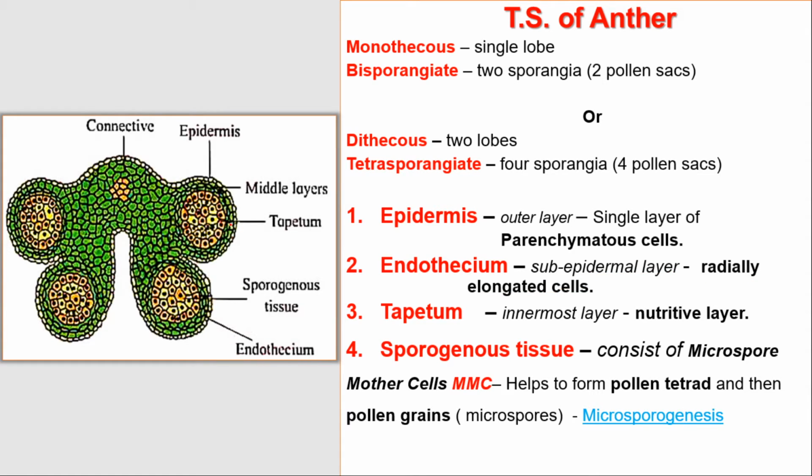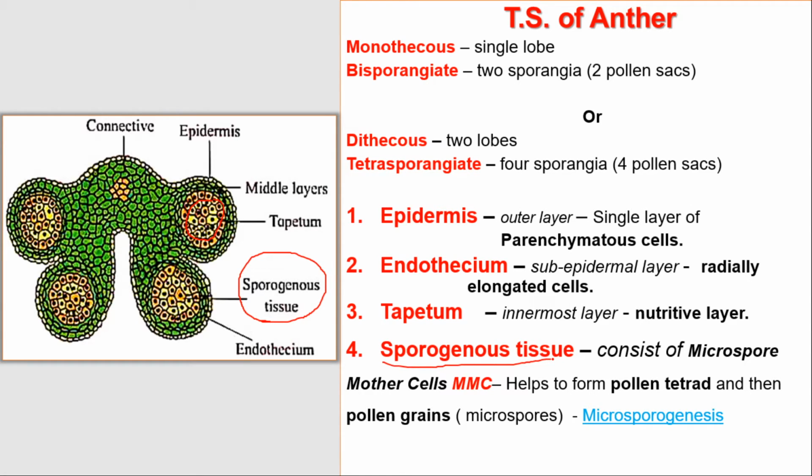Inside this endothecium, tapetum cells are present. These tapetum cells provide nourishment to the innermost cells, that is sporogenous tissues. Inside this tapetum, many sporogenous cells or tissues are present.